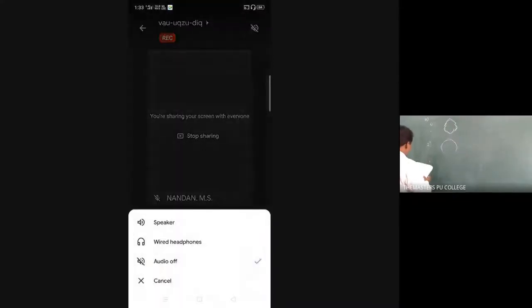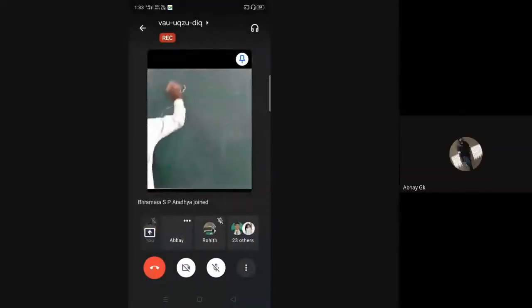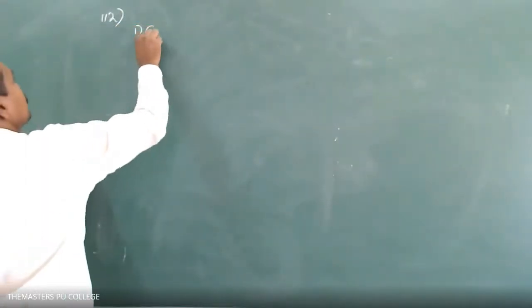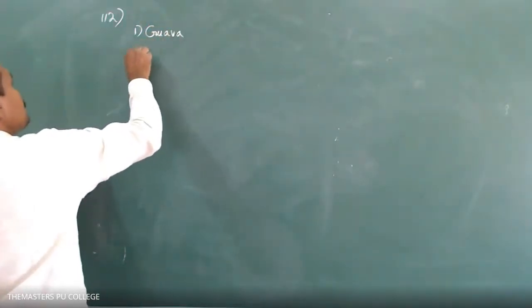Next. The ovary is inferior in the flowers of which plant? Peach, very good. Option 1, guava. Option 2, peach.